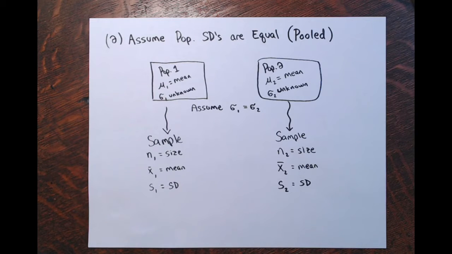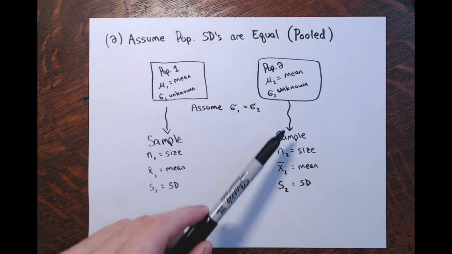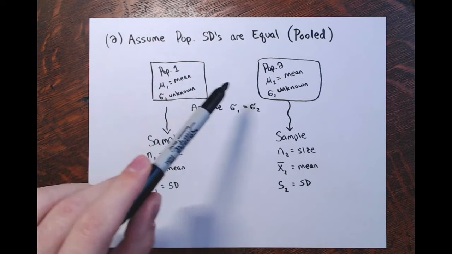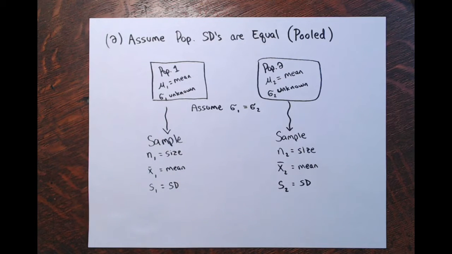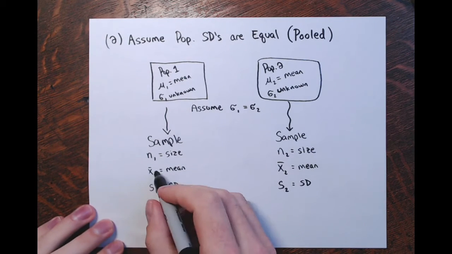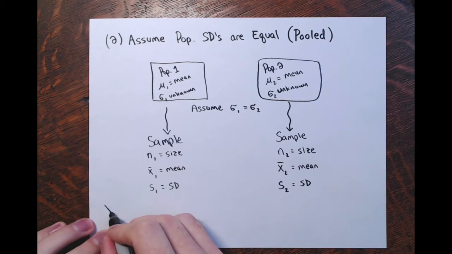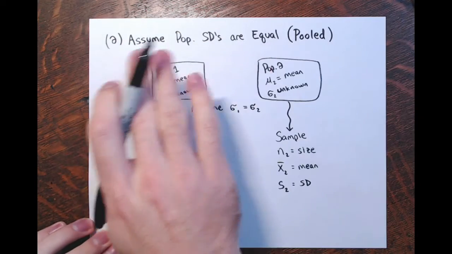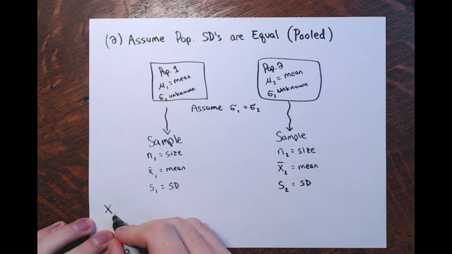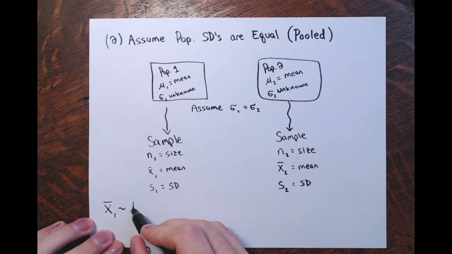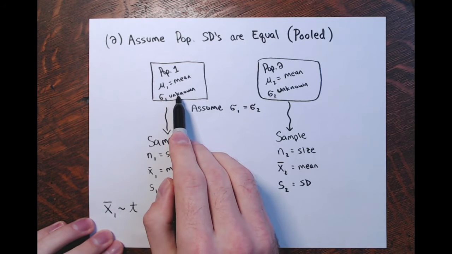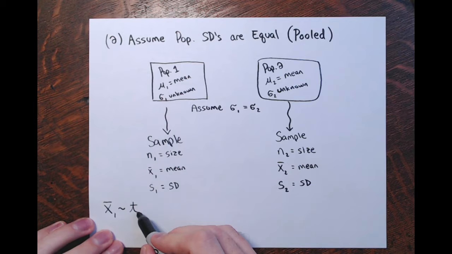Now, if you recall from the central limit theorem, if the sample sizes were big enough, or if the populations were approximately normal, then the distributions of these means, say from population 1, look at them separately. The distribution of these x1 bars would be a student's t distribution, because sigma 1 was unknown, with n1 minus 1 degrees of freedom.